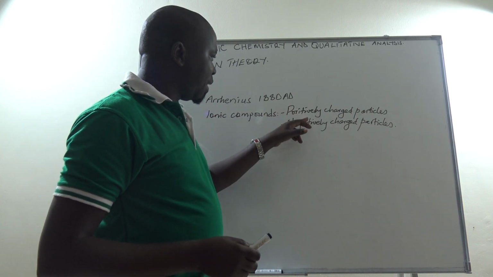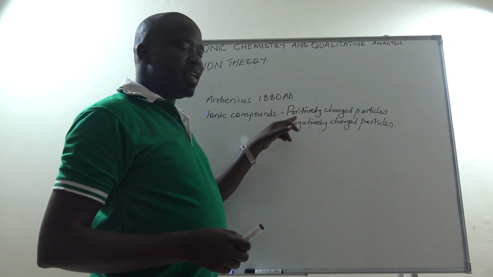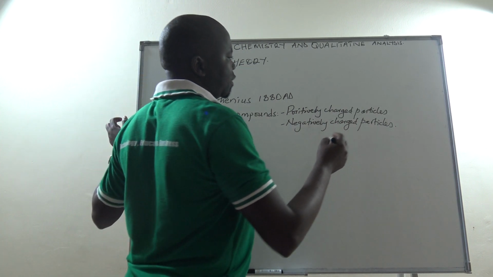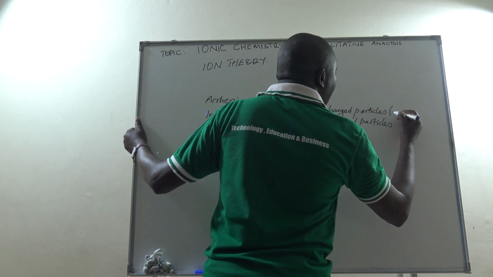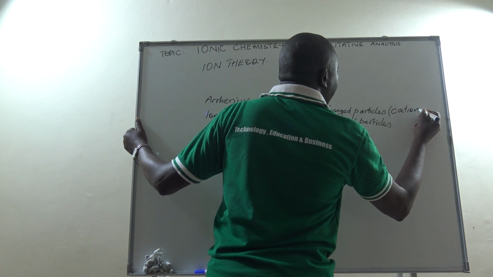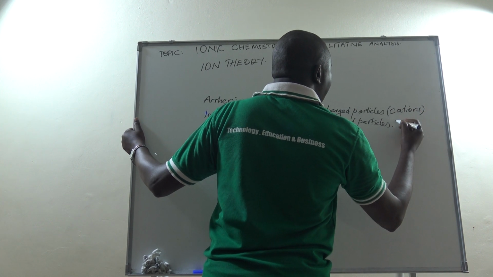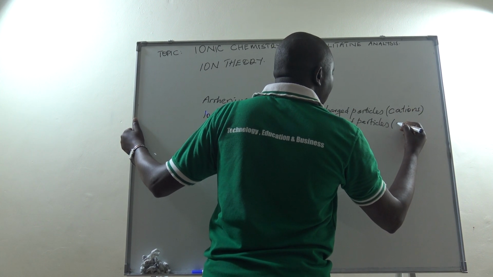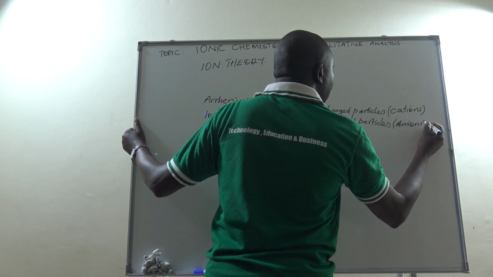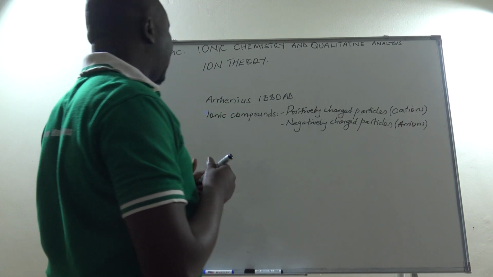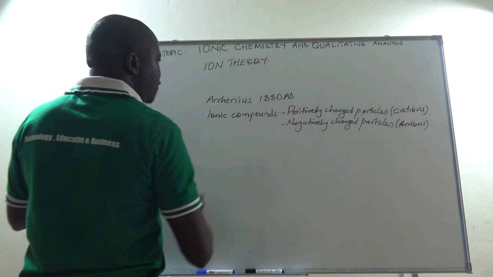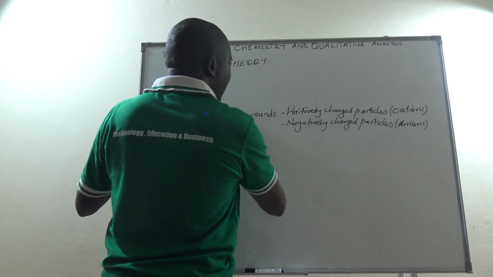The positively charged particles he called the cations. And the negatively charged particles are called the anions. So, this is what Arrhenius came up with.